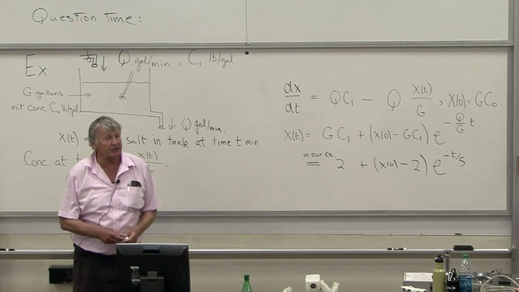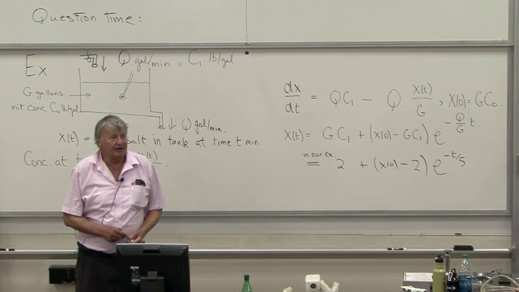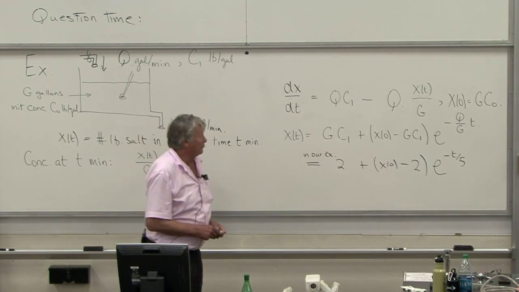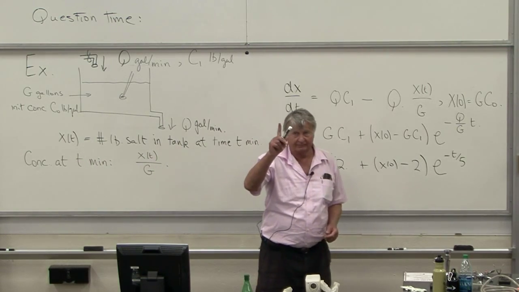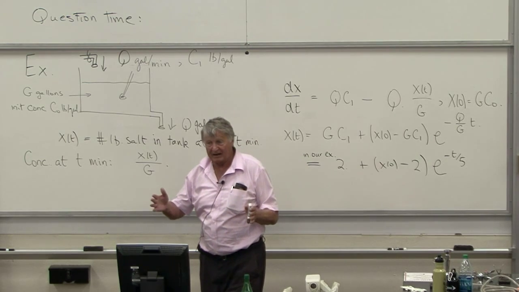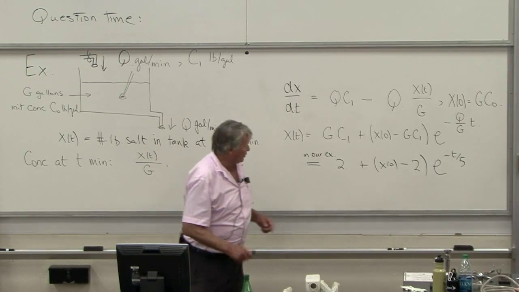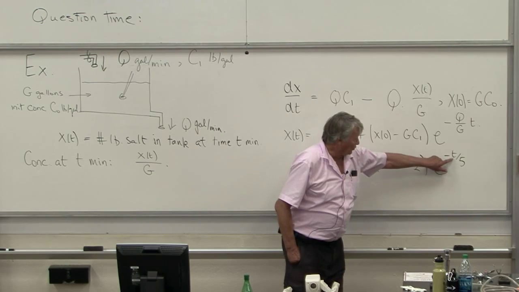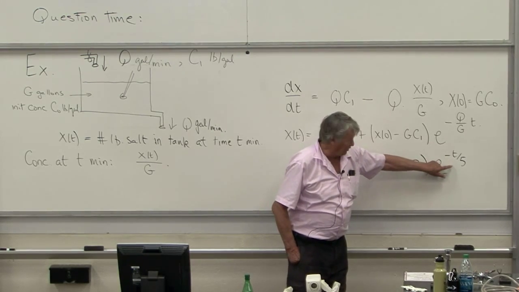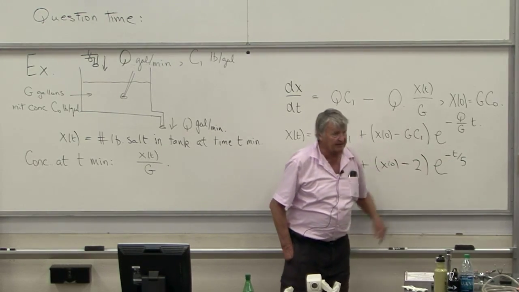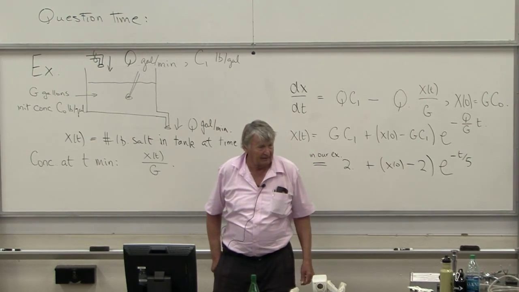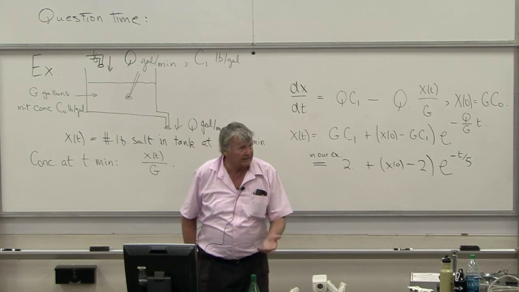But now the next question is, supposing I ran the thing for 1 minute. Supposing I said that was my range. The trouble with that is, after 1 minute, if I take these numbers, this is e to the minus a fifth, that's 1 over e to the fifth.